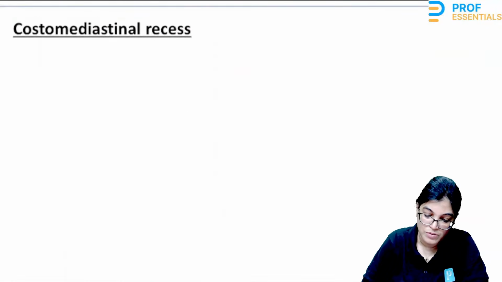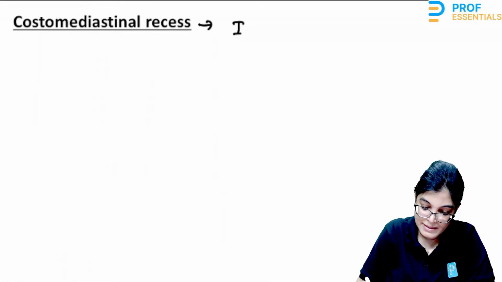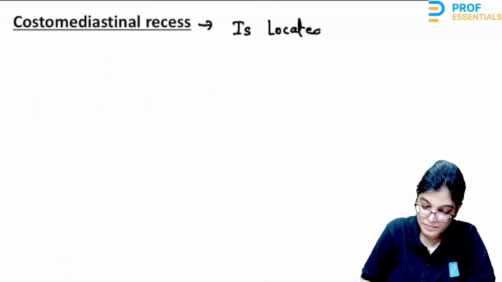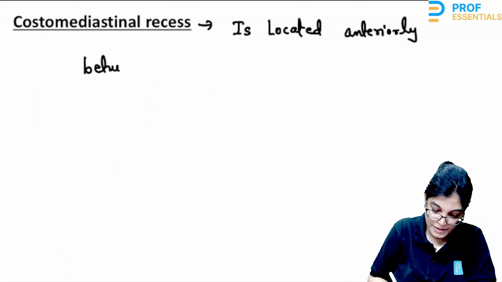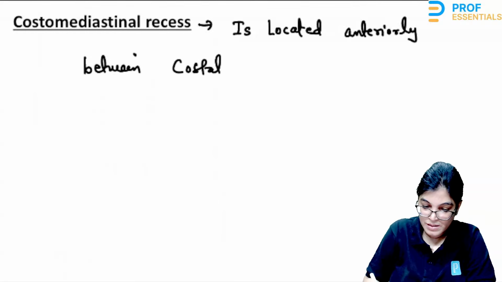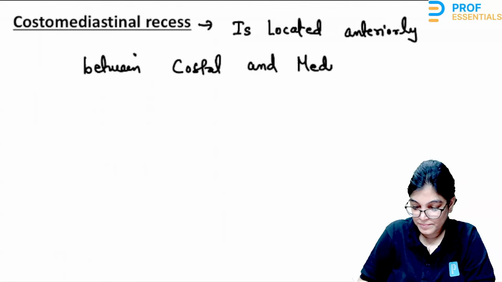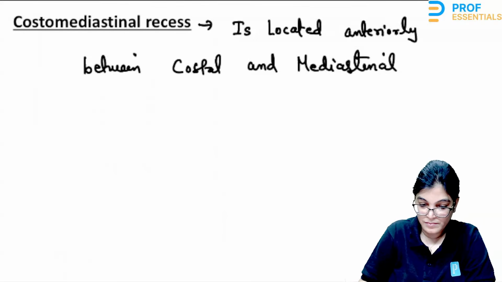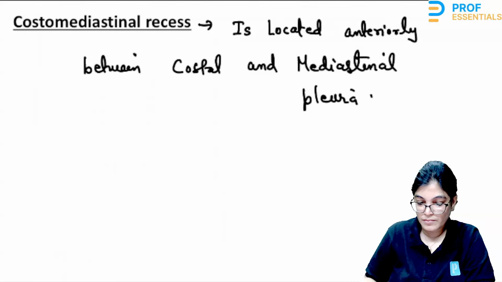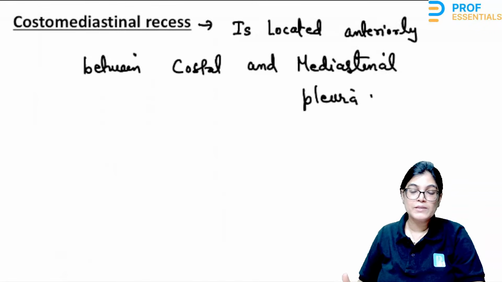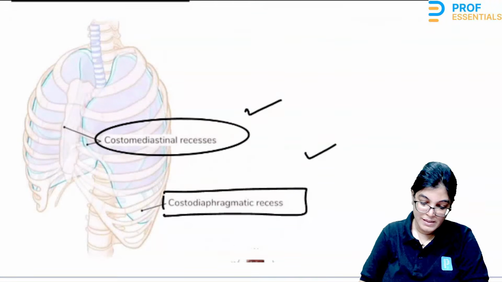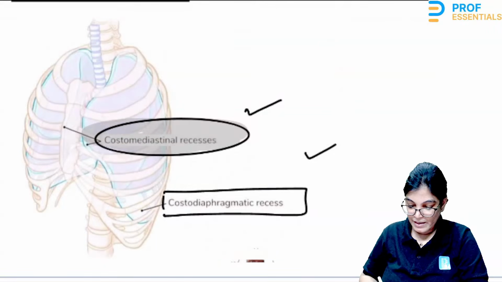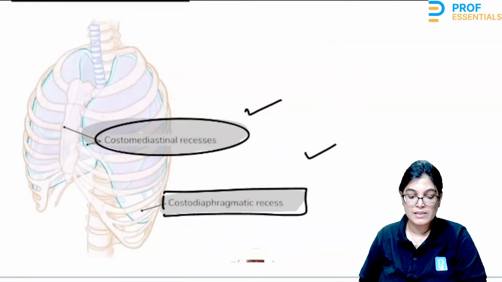So please write down: the costomediastinal recess is located anteriorly between the costal and mediastinal pleura. Basically it lies between the sternum and costal cartilages. In this diagram, we can appreciate both the costomediastinal and costodiaphragmatic recesses.